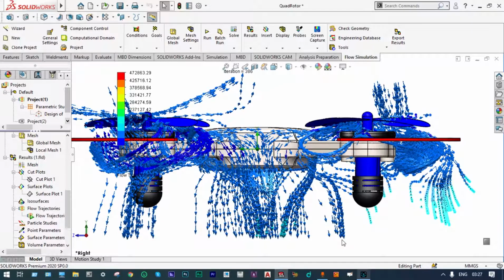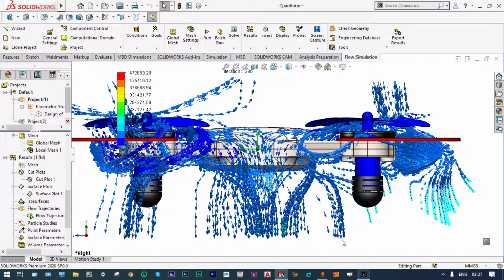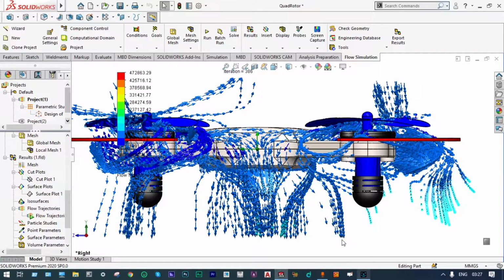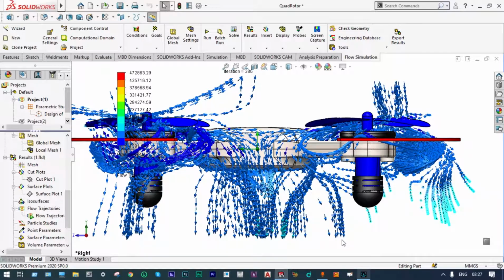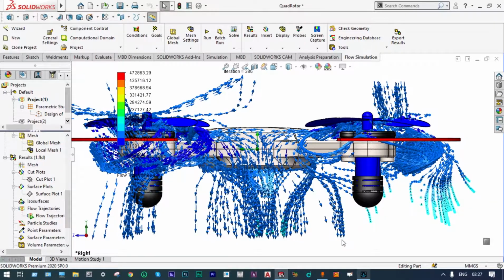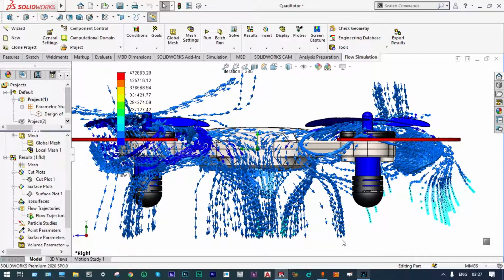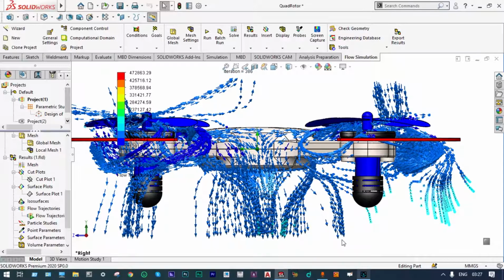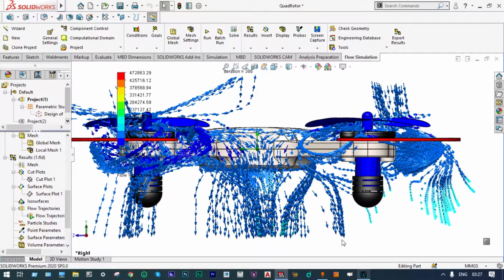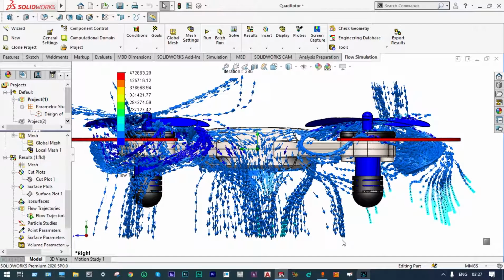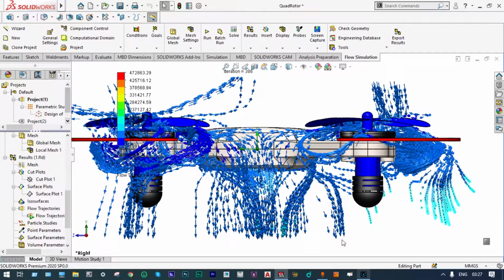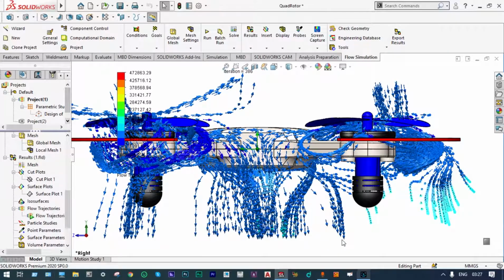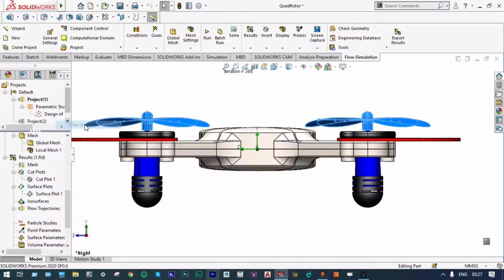By the movement of these propellers, it is forcing the air particles downwards to generate upthrust, and because of this upthrust only, the quadrotor is capable of moving vertically up. Clear and hide these things.